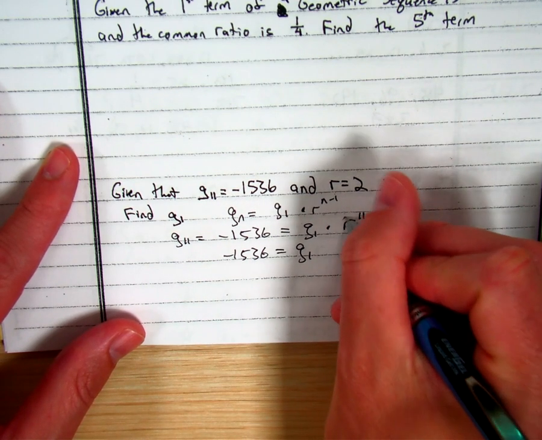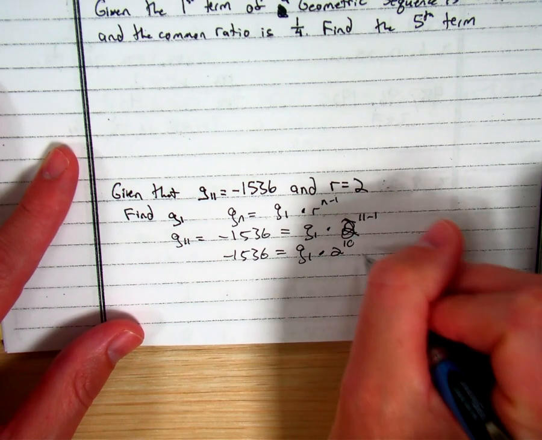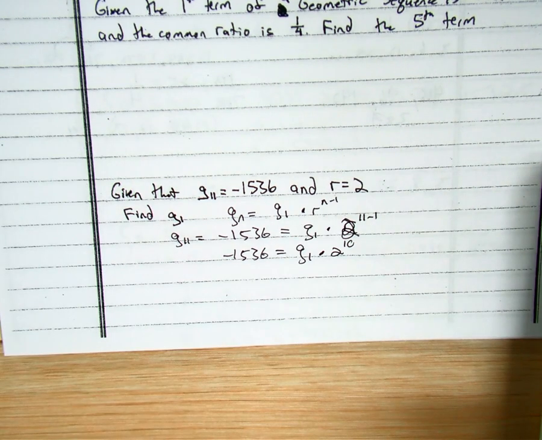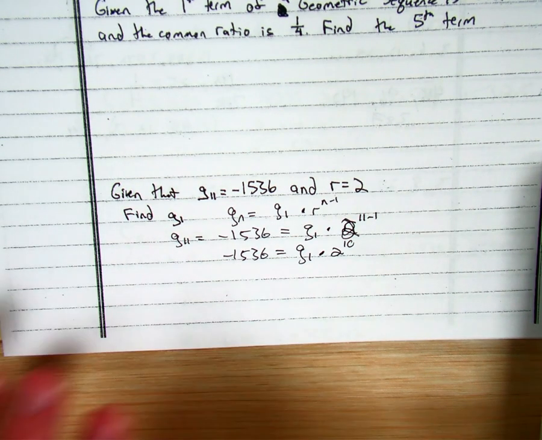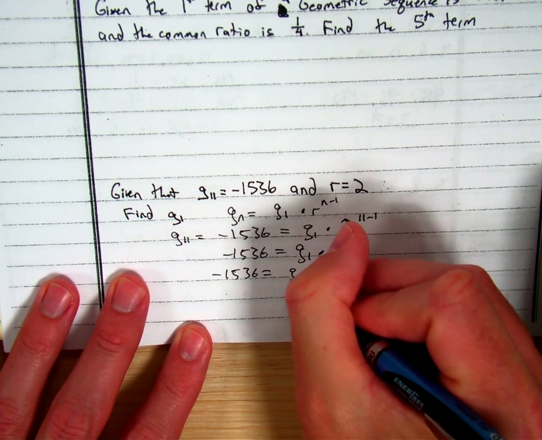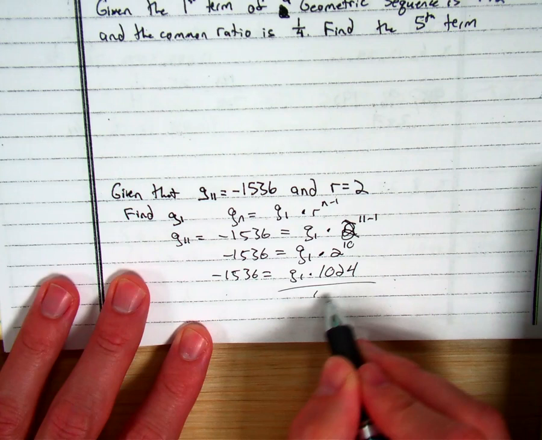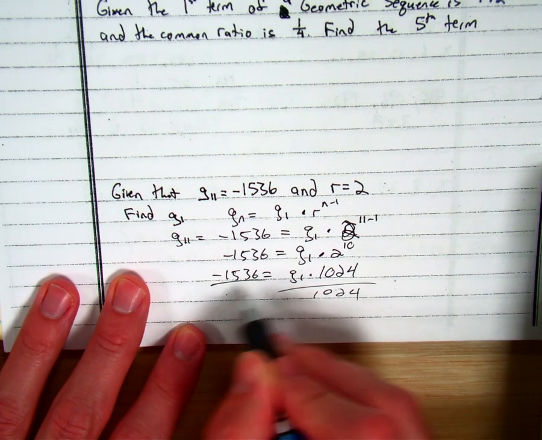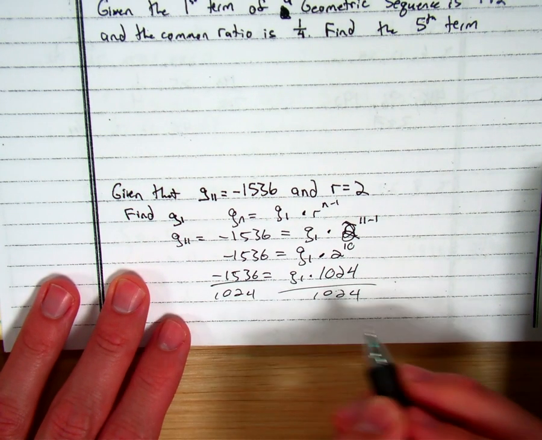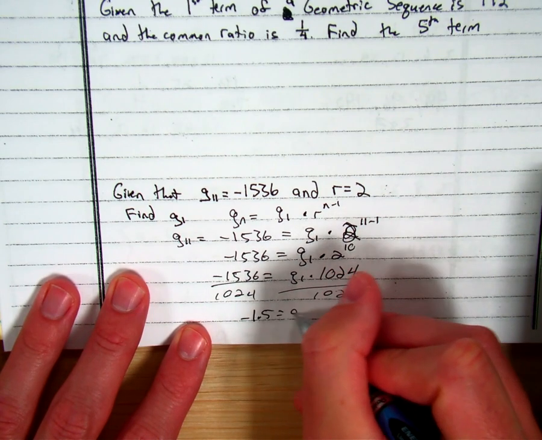Oh, our R was 2. Sorry, guys. 2 to the 10th. 2 to the 10th power is 1,024. So we're going to divide by 1,024. And we should get negative 1.5 for G1.